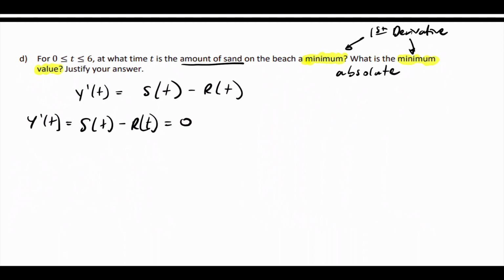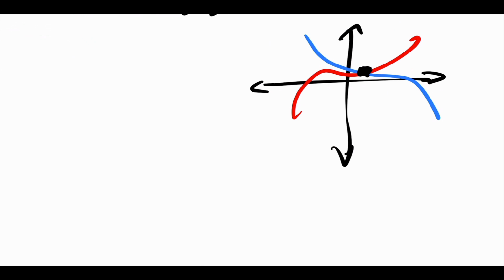Okay, but what does that mean? When two graphs cross, they intersect there. What does that mean? I know they intersect, but what does that mean?